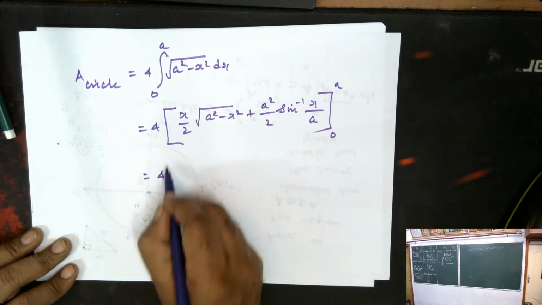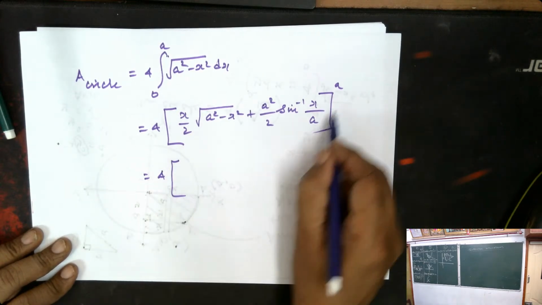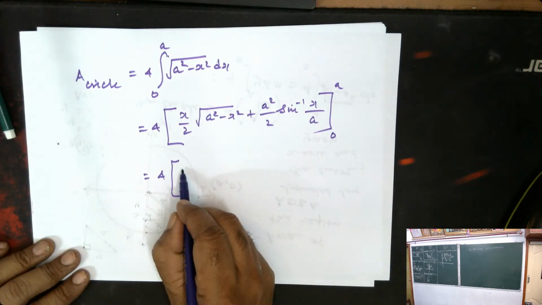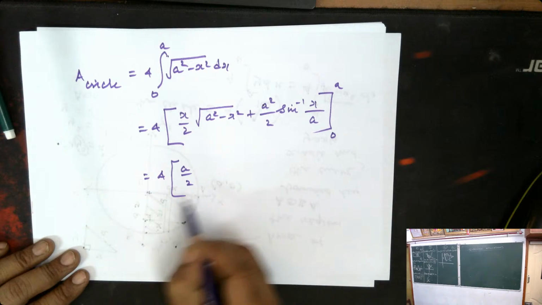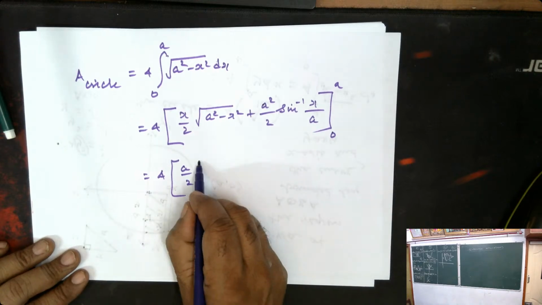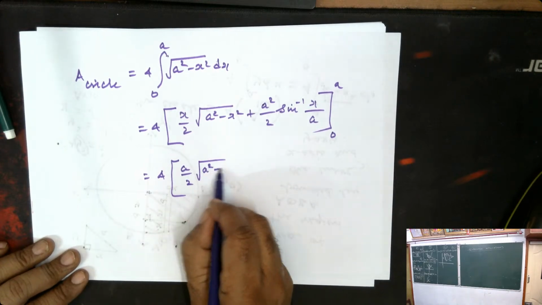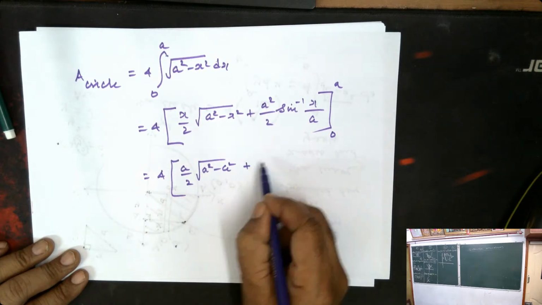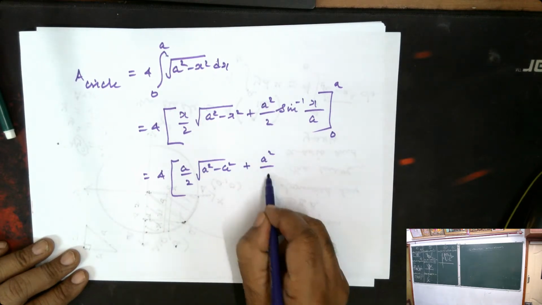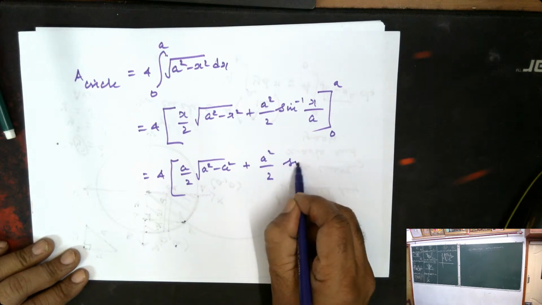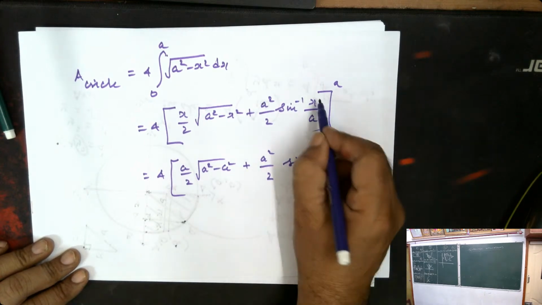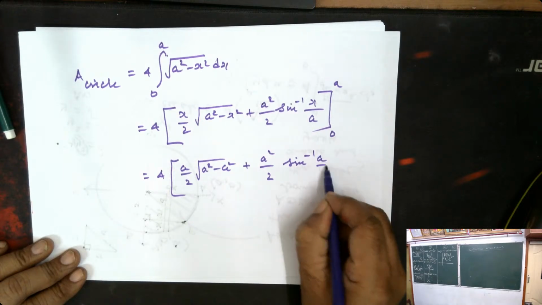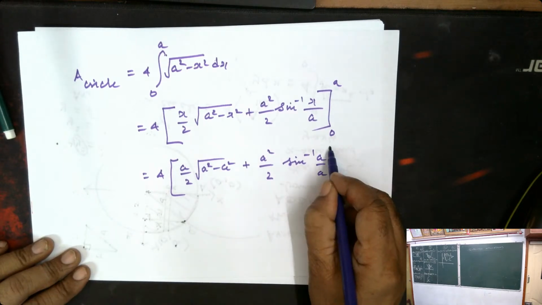Now we can apply, instead of x, I can put the final value a, that is a by 2 into the square root of a squared minus a squared. So this term becomes 0, plus a squared by 2 sine inverse. What is it? x by a, so a by a, that is equal to 1.